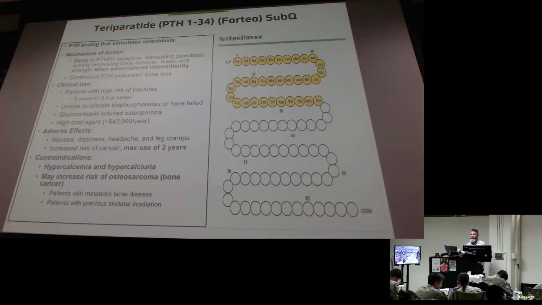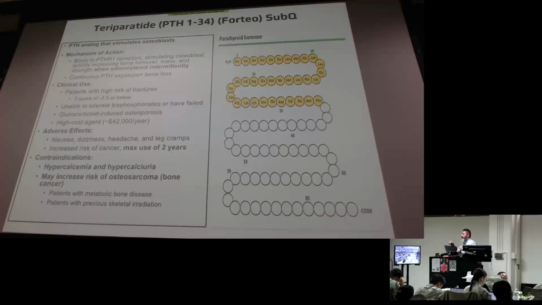It is a recombinant form of human parathyroid hormone. What did we say parathyroid hormone does to bone? It pulls calcium out, right? So why are we giving a hormone that is a recombinant form of our own body's hormone that breaks bone down?